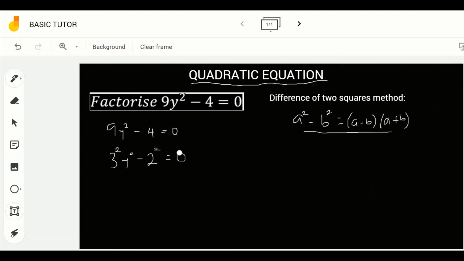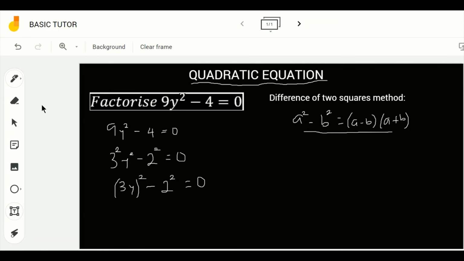Alright, now I can combine 3 squared and y squared. It becomes 3y all squared minus 2 squared equal to 0.